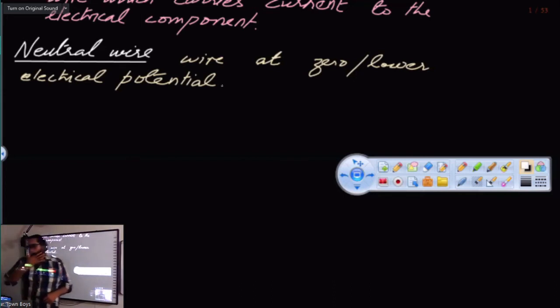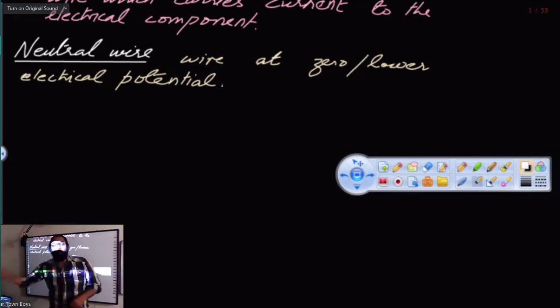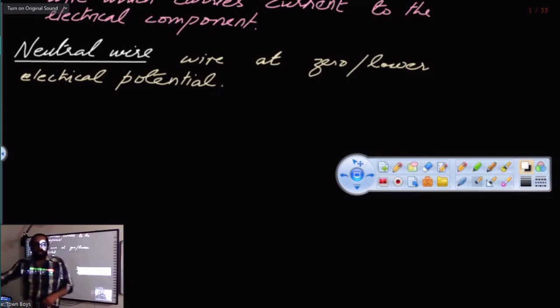For example, if in a circuit I have one point where 1 coulomb charge is carrying energy of 10 joules, that means that at that point the electrical potential is 10 volts. I'm repeating my concept that if at any given one point in a circuit, 1 coulomb charge possesses 10 joules of electrical energy, it means that that point's electrical potential is 10 volts.